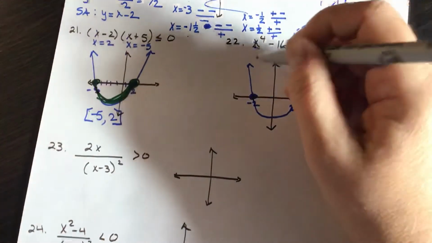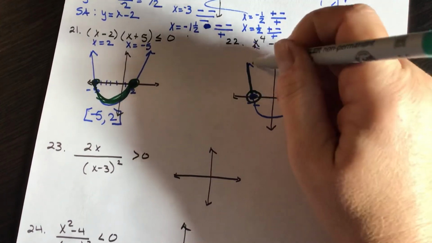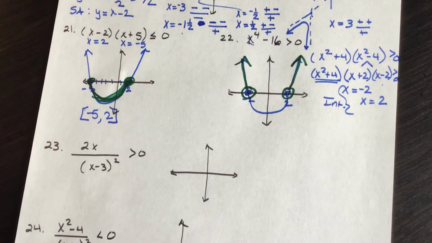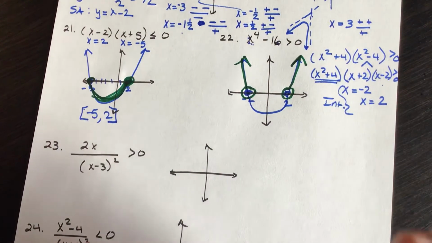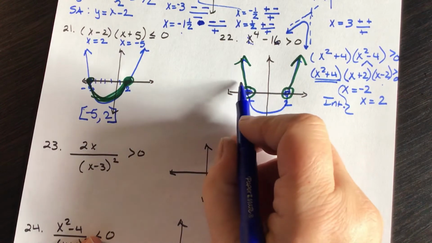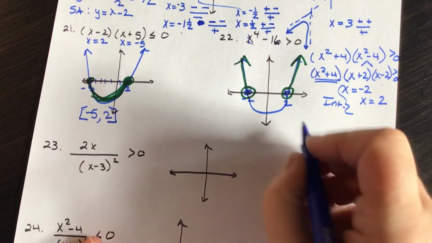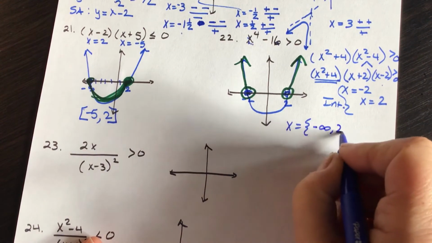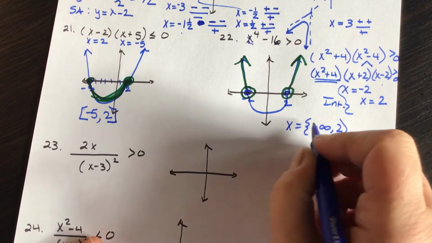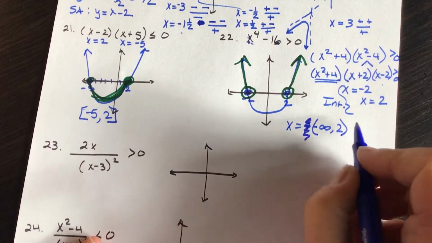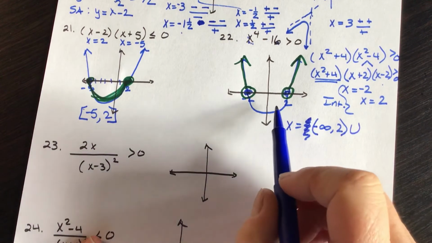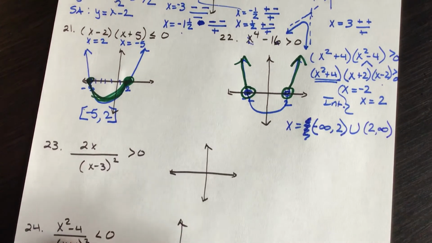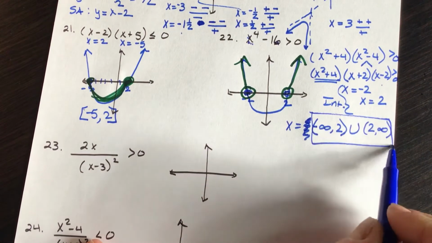It's not including our zeros, so this is an open dot, so it kind of looks like a smiley face there. But my solution set would be -infinity up to -2, and a union of 2 to infinity. All right, so this is my solution set.